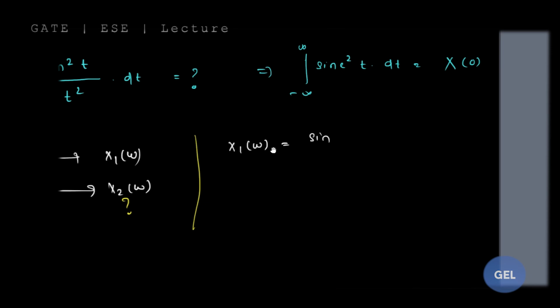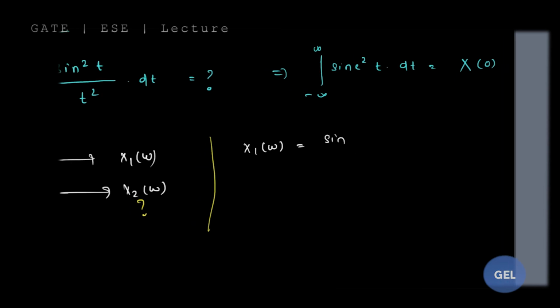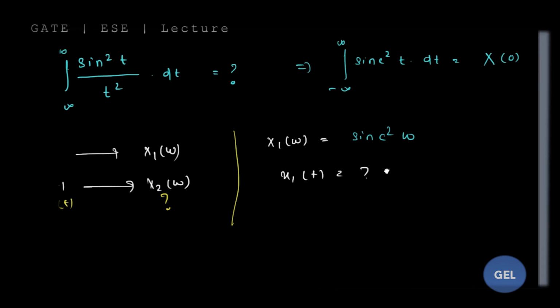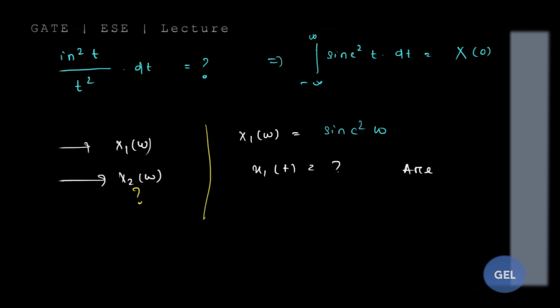Now X1(ω), you can take it as sinc square ω. Yes or no? If your X1(ω) is sinc square ω, from here you can assume what your x1(t) would be. To find it, you need to represent it in this form.